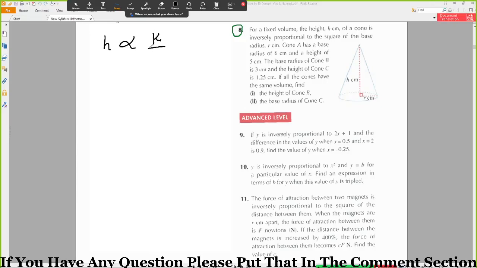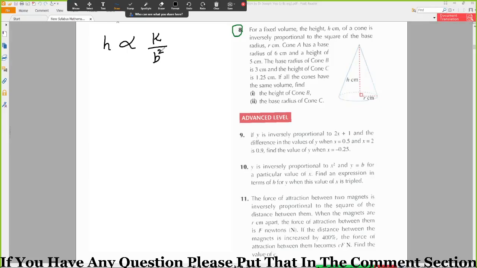Cone A has a base radius of 6 centimeters and a height of 5 centimeters. The base radius of cone B is 3 centimeters and the height of cone C is 1.25 centimeters. If all the cones have the same volume, find part 1, the height of cone B.